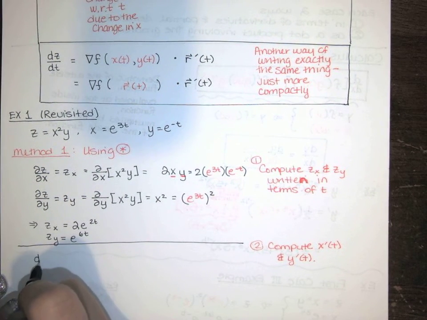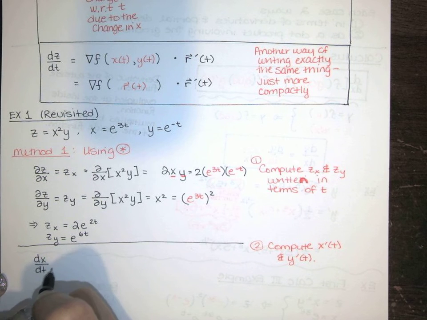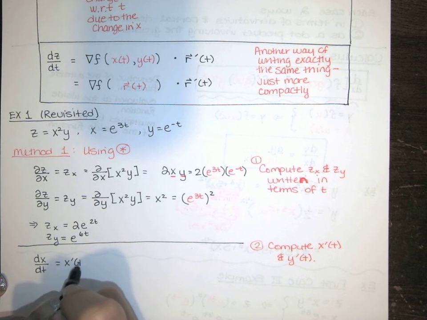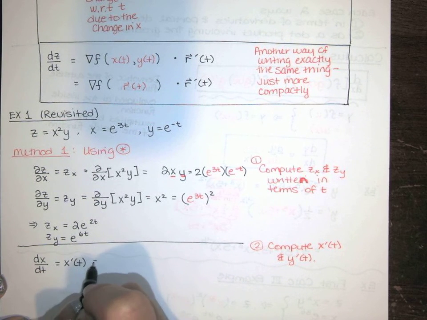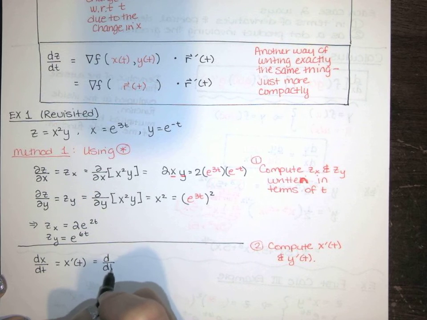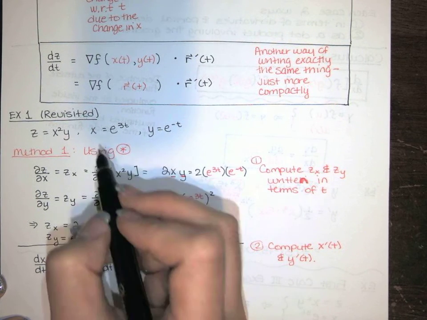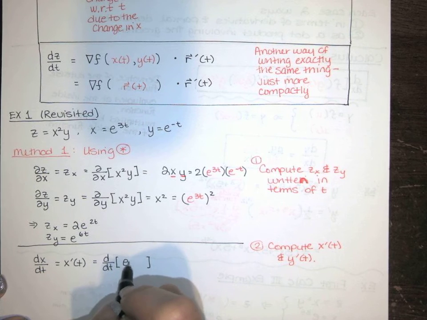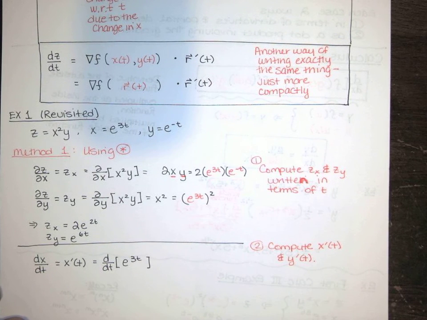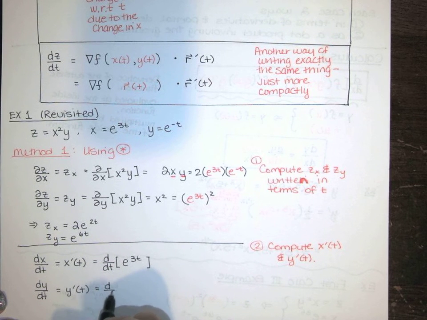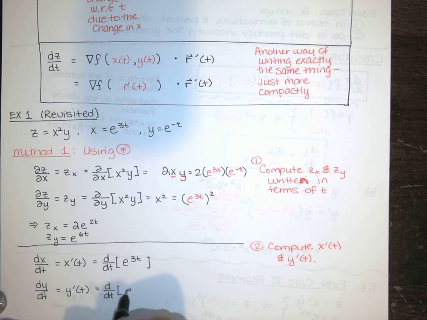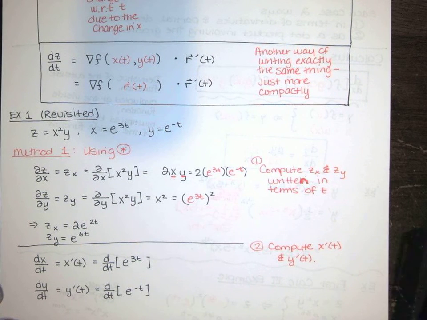So dx/dt, or if you prefer x prime because it's shorter, that's the derivative with respect to t of x, whatever x was. And remember, x was e to the 3t, so I'm substituting that here. And I need the derivative of y with respect to t, or we could call that y prime of t, same thing. So we're taking the derivative with respect to t of e to the negative t.